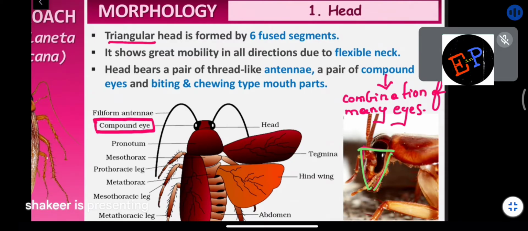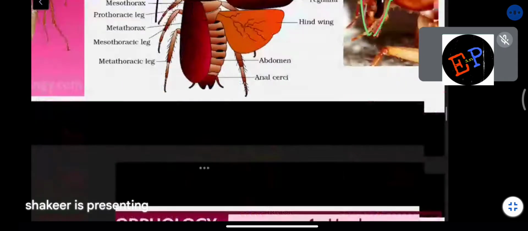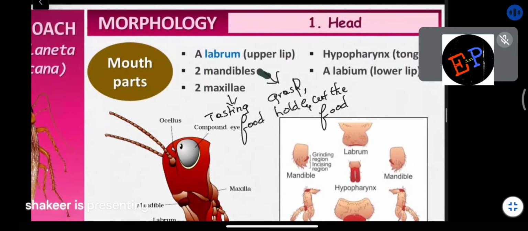So the triangular head is formed by 6 fused segments. How many segments are fused together? 6 segments are fused together and a head will be formed. What are those segments? Labrum, which is called upper lip. Next the mandibles, which are responsible for grasping, holding and cutting the food.